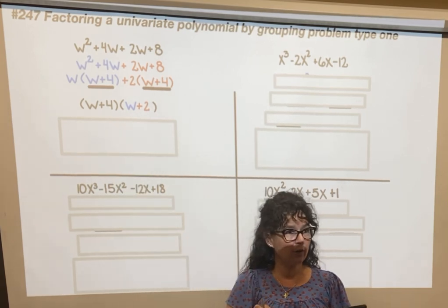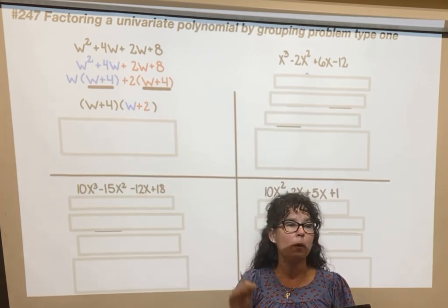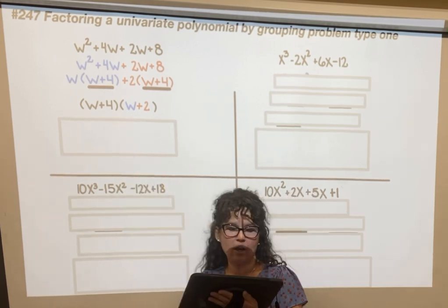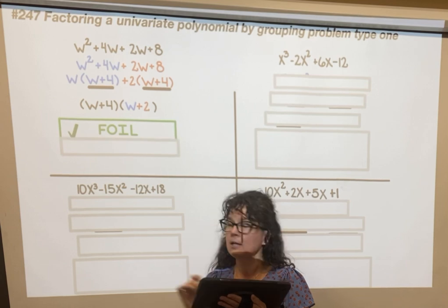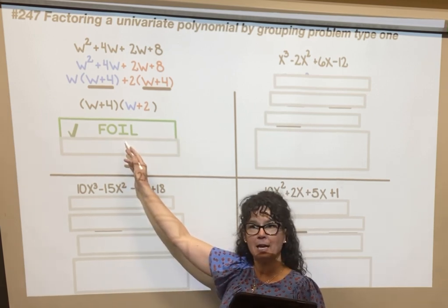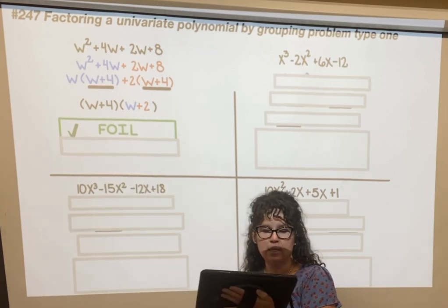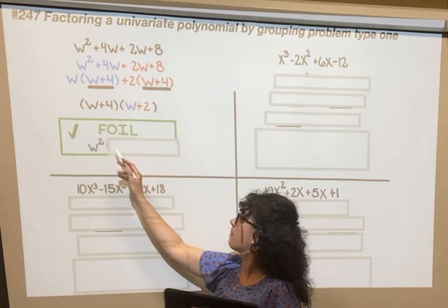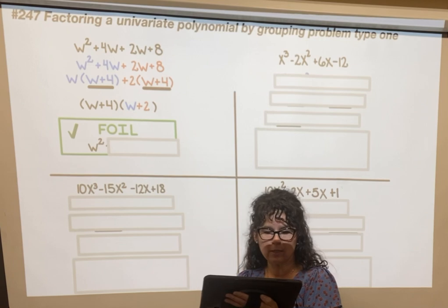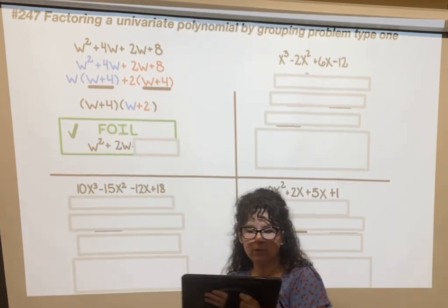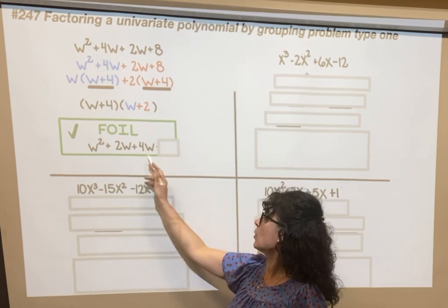If you want to verify your solution and double check that you did it right, I can take what I got as an answer and multiply it back together. If I FOIL this, W times W is W to the second. W times 2 is 2W. 4 times W is 4W.